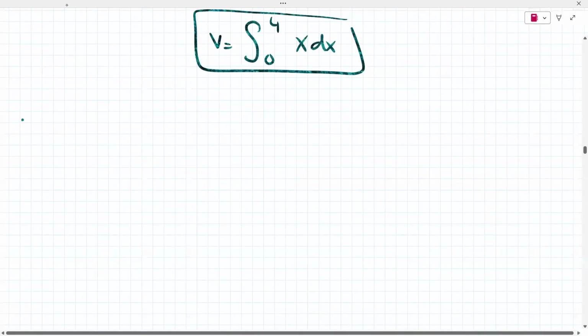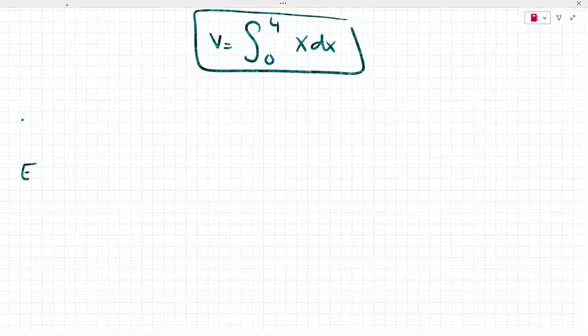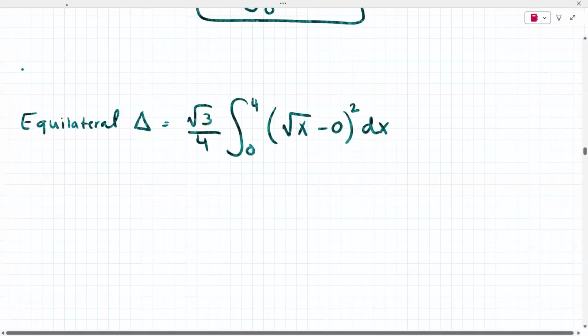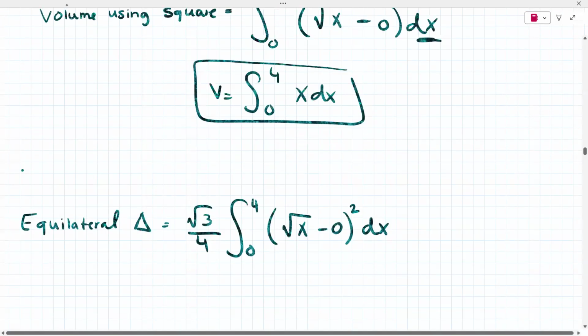What about an equilateral triangle? So let's see here. The formula for an equilateral triangle is square root of 3 over 4 times the integral from 0 to 4 of square root of x minus 0, squared, dx. Okay, so what do we know?